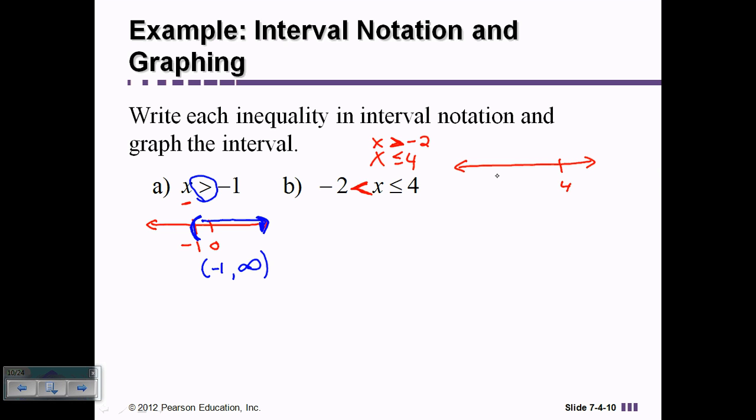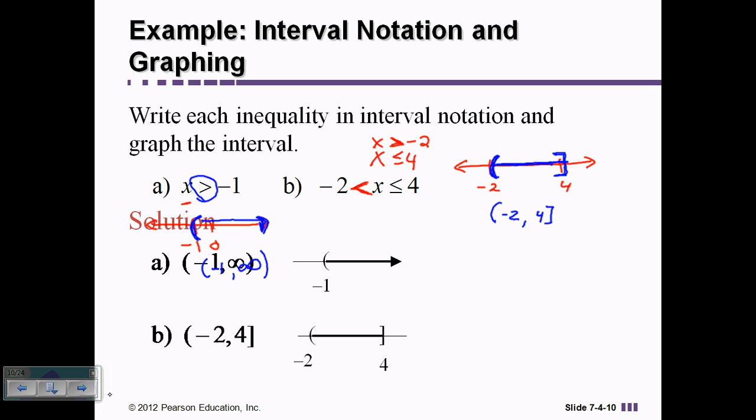We have 4 and we have -2. On -2, we have a parenthesis because it's not equal to, and on the 4, we have a bracket. And we're going to shade everything in between those two. Now, in terms of my interval notation: parenthesis, -2, 4, square bracket. So a lot of times it will help to do the graph first, and then the interval notation just sort of falls into place from there.